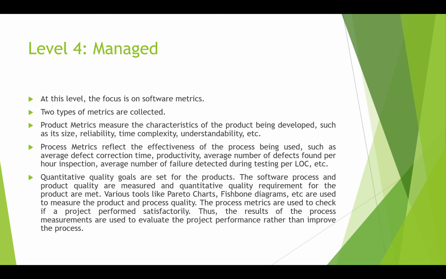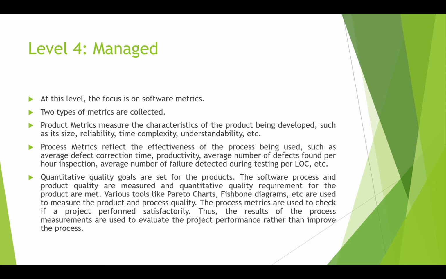Another kind of metric is process metrics, like defect correction time, productivity rate, or average number of bugs found per thousand lines of code, etc. Like average failures detected during testing per LOC.